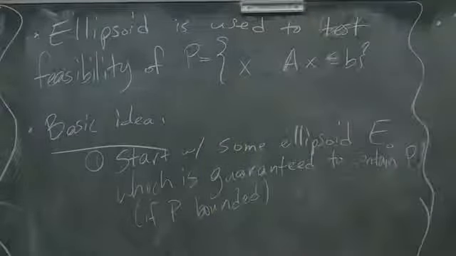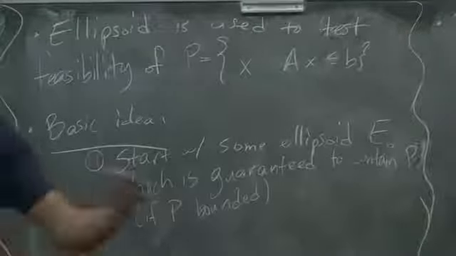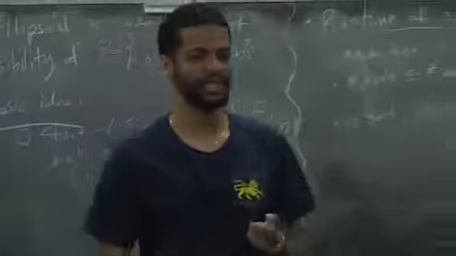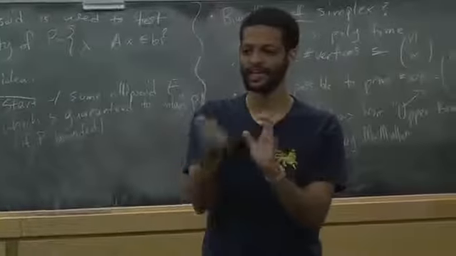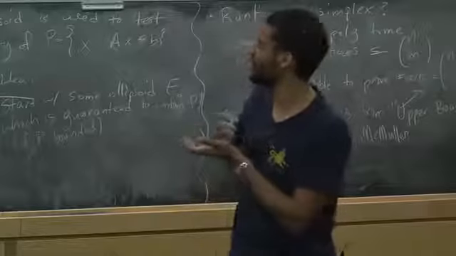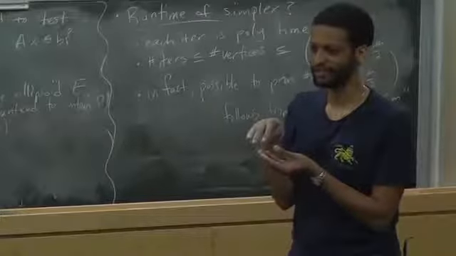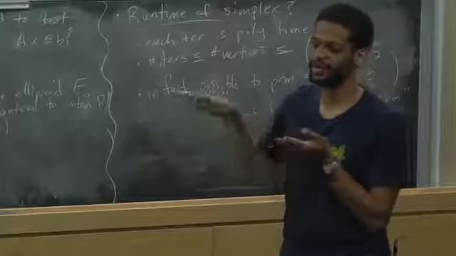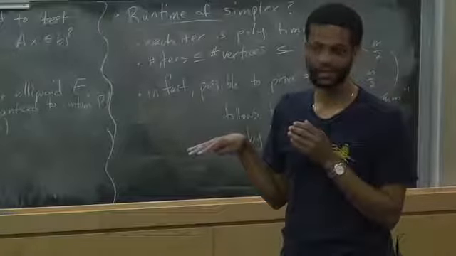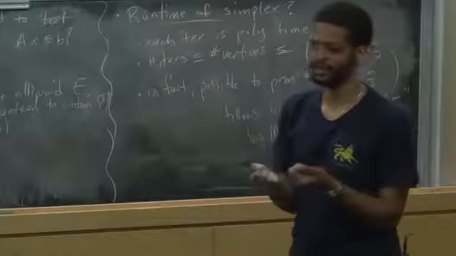So if P is a bounded polytope, then remember, I mentioned this very briefly last time, we know how to get vertices of the polytope. You do it by taking subsets of the columns and then solving a linear system. So if you know that all the input numbers to your LP are rational, you can clear denominators and assume they're all integral. Then there's some number of bits that are used to specify the input.